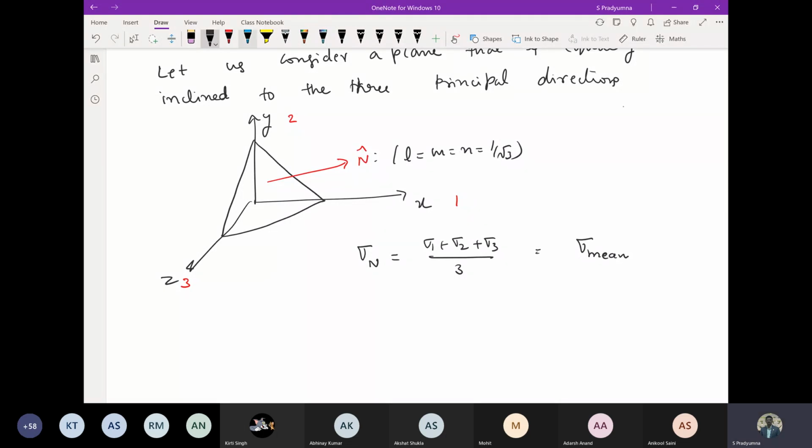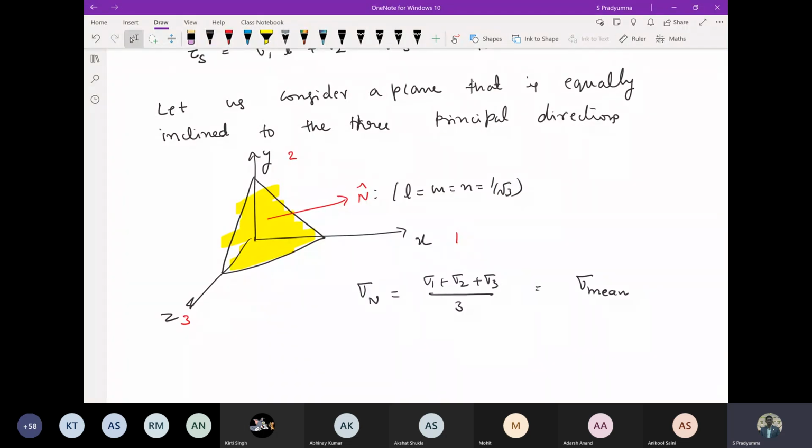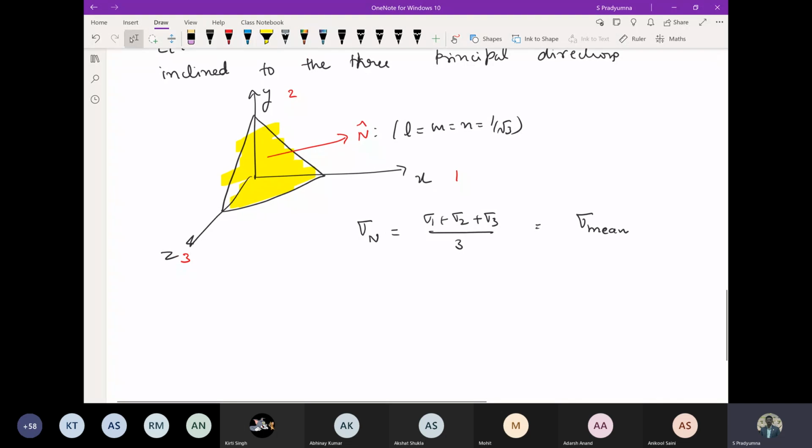So such planes, this plane which is equally inclined to the three principal directions are known as the octahedral planes. These are known as octahedral plane. Octahedral plane. So such planes, as we know, will have L is equal to M is equal to N, which is equal to 1 by root 3.